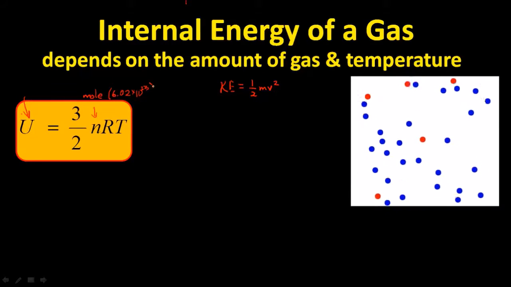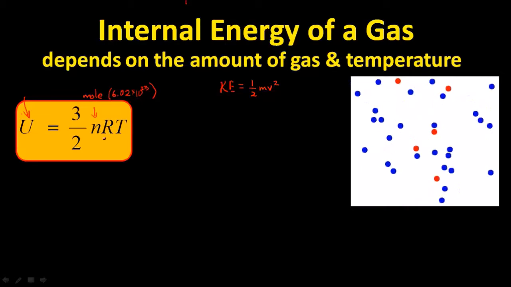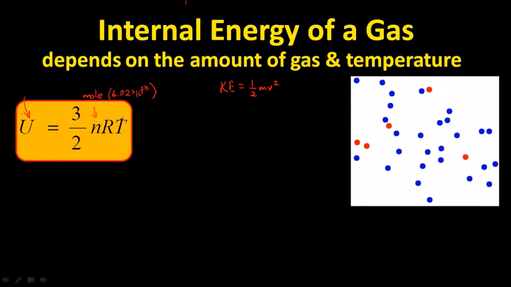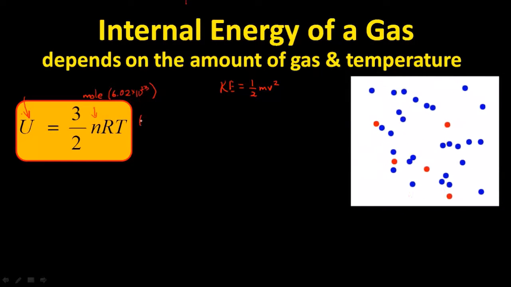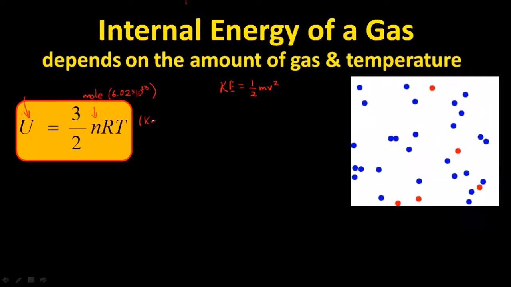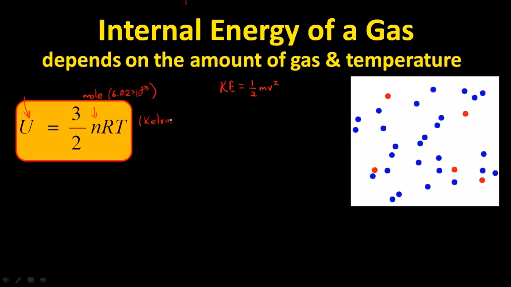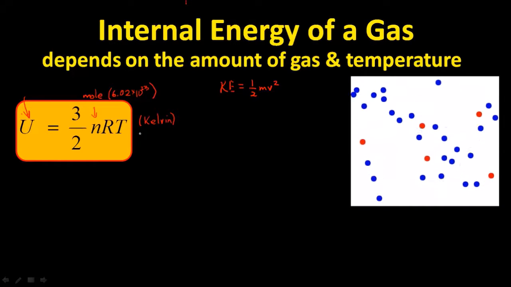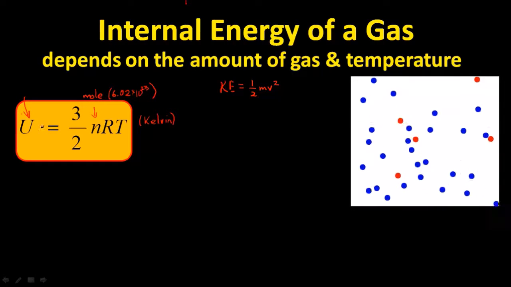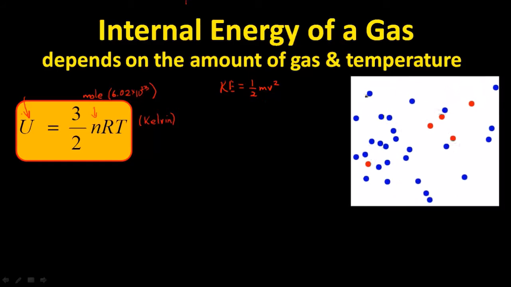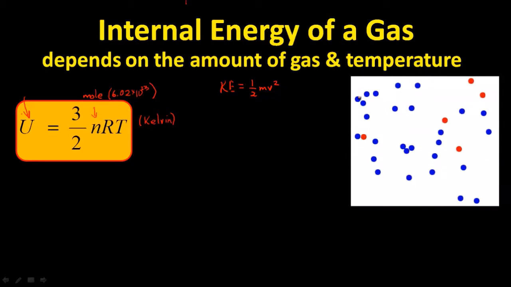That's a mole. So it's the number of moles times what's called the gas constant, times the temperature, which don't forget is going to have to be measured in Kelvin. That is a scale measuring from absolute zero. And so the warmer the gas is, the more energy it has, because the faster the particles are going to be moving. Makes pretty good common sense.